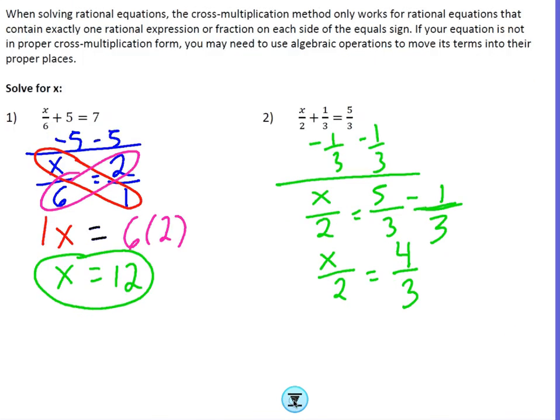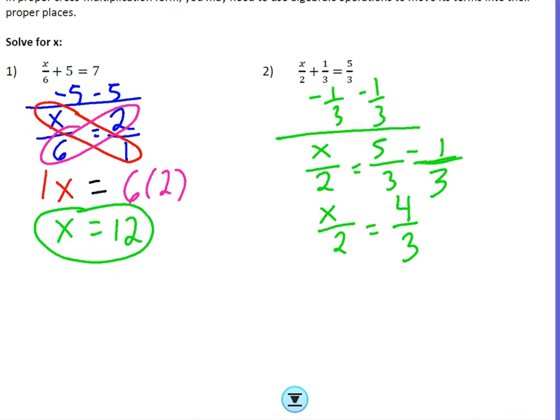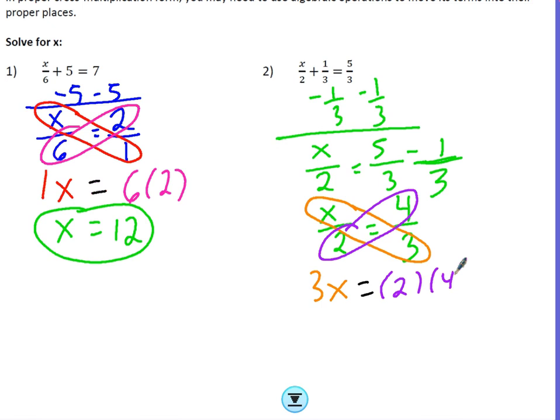And now we have a cross multiplication situation just like we had previously, and we know what to do with it. So we will multiply these. x times 3 is 3x, and 2 times 4. So we get 3x equals 8, and then we'll divide both sides by 3.